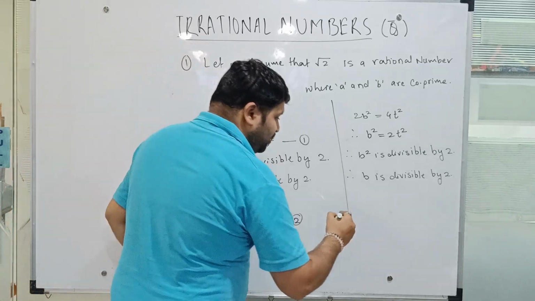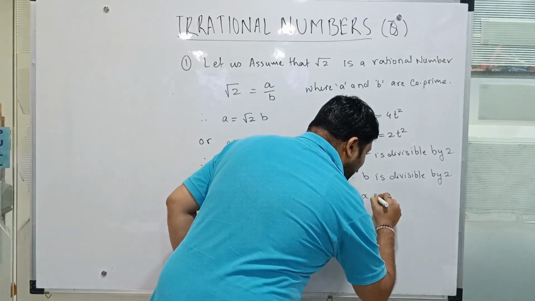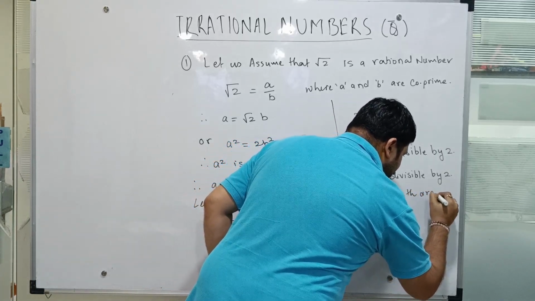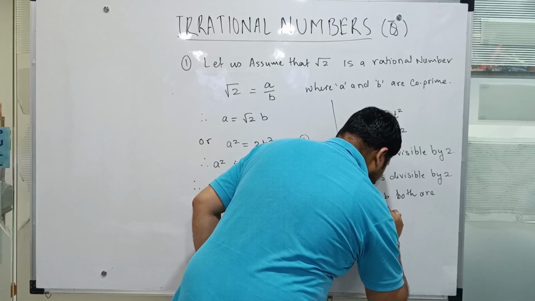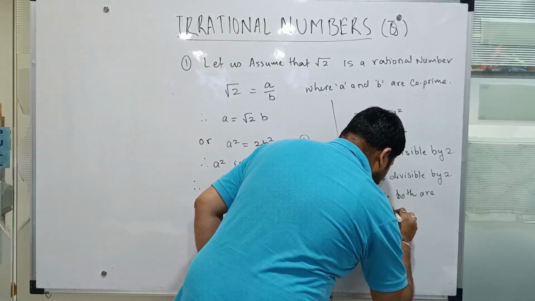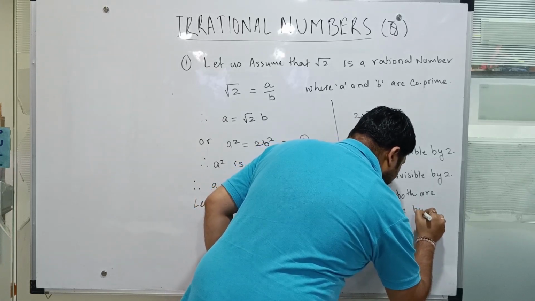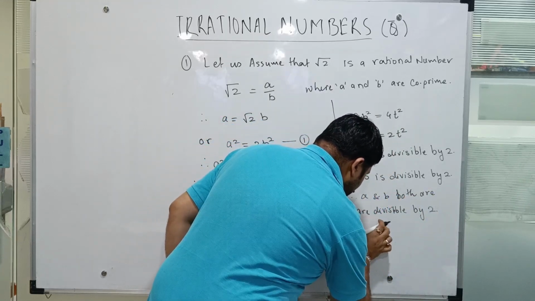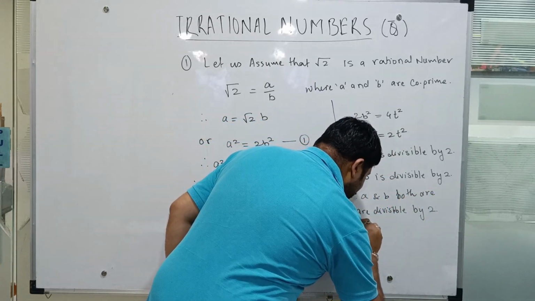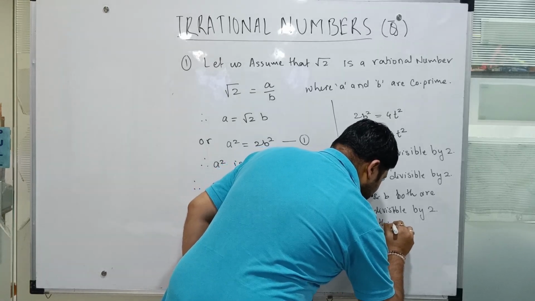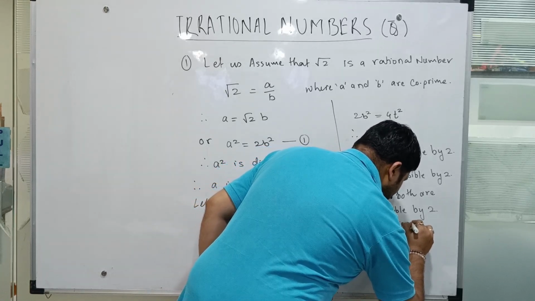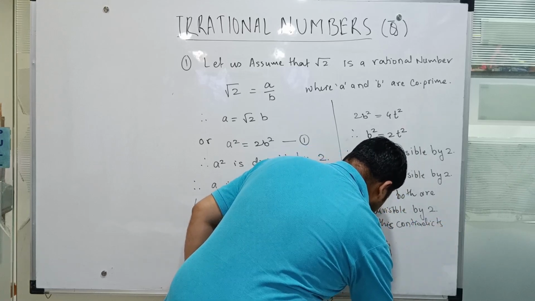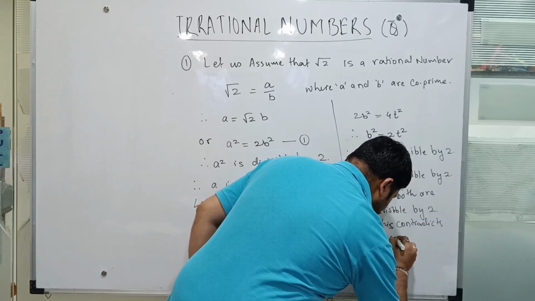So we can write, therefore a and b both are divisible by 2, but this contradicts our assumption.